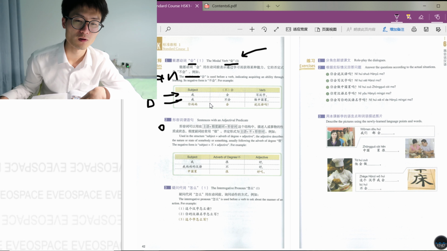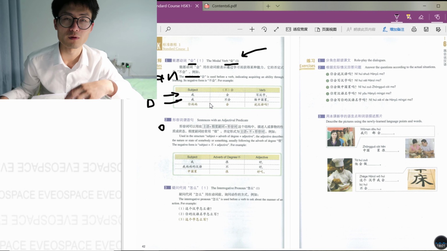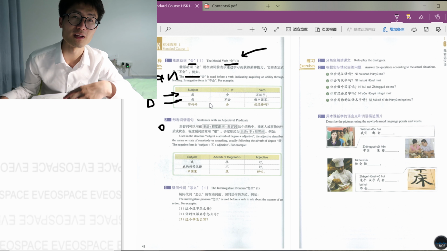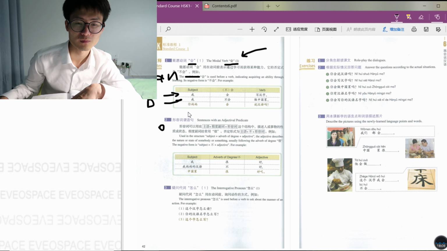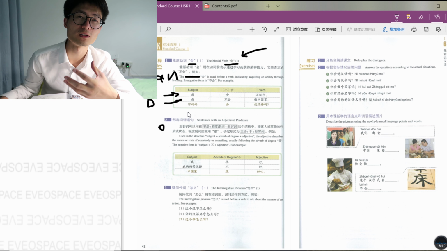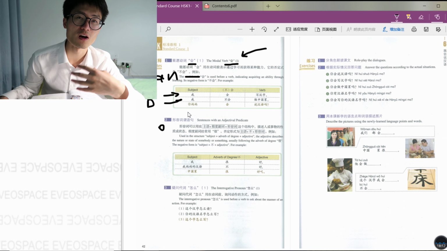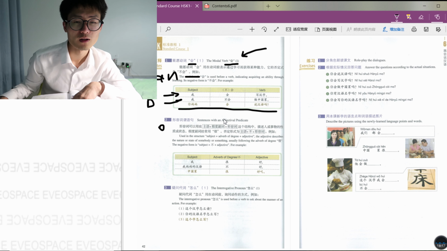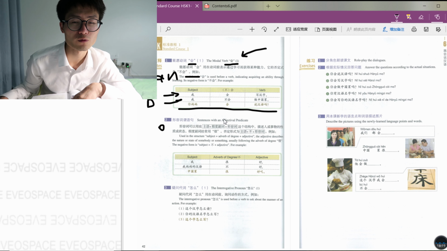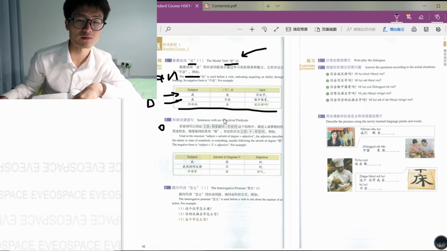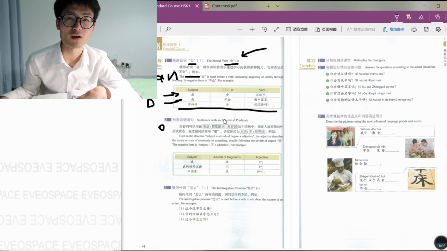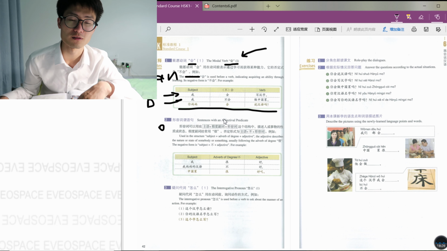So when you add 不 before 会, it means the negative: can't, or wasn't able to, or not able to. 你妈妈会说汉语吗? Does your mother speak Chinese?